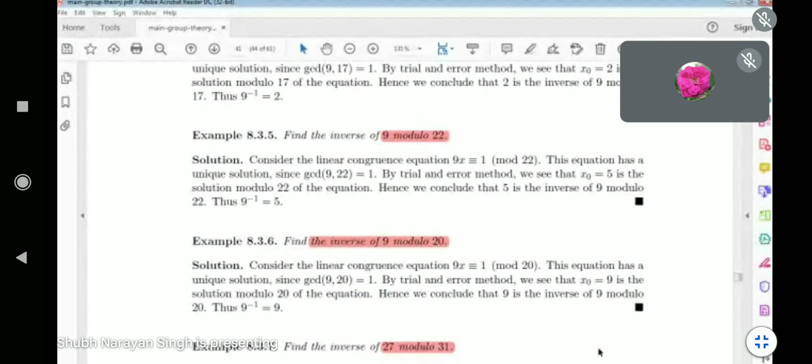Give some 2-3 minutes and do it in that formal way, because here n is a bigger number, so it is not easy to handle by the trial and error method.